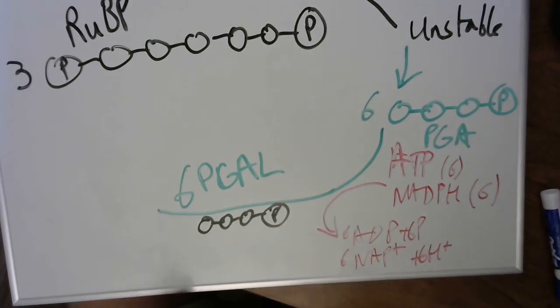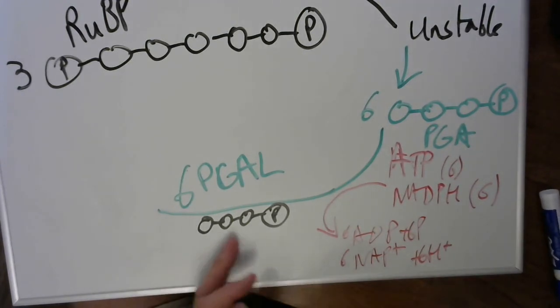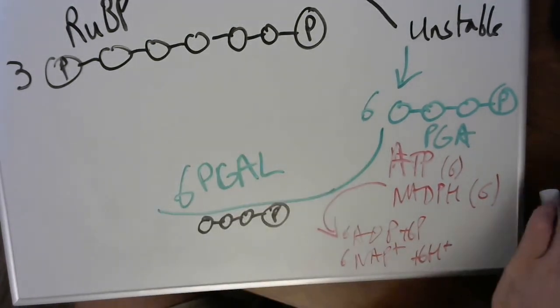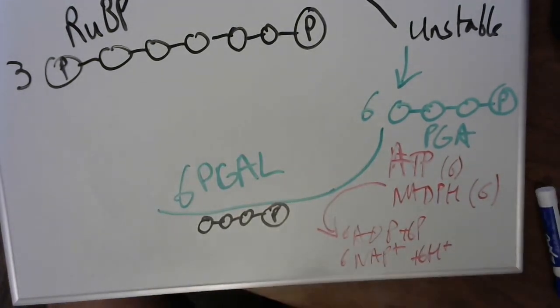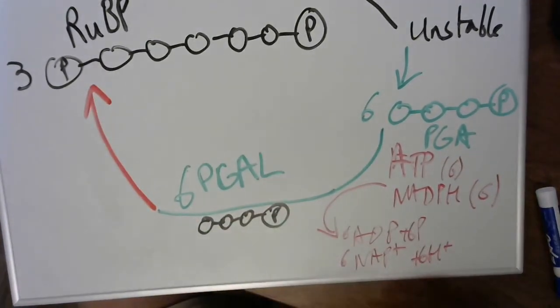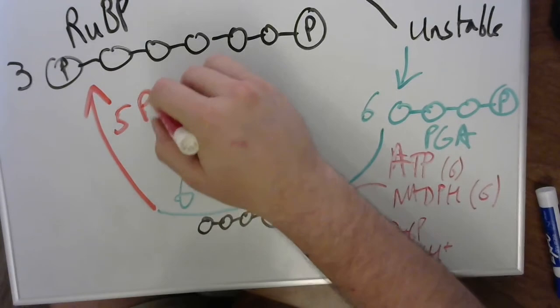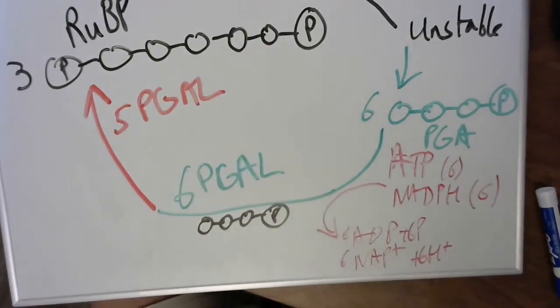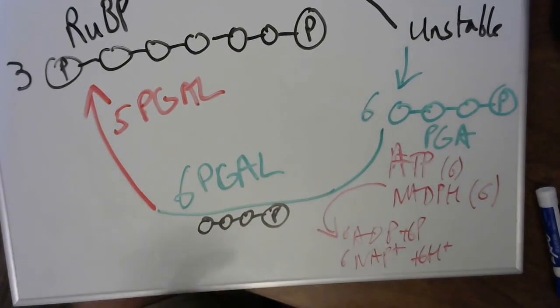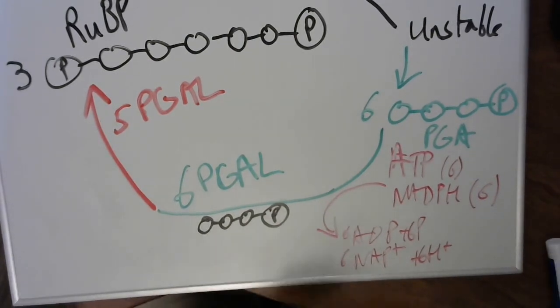With the PGAL, you count the carbons: 3 times 6, 18, and you have 3 times 5, 15. So the regeneration of that RuBP only requires 5 PGAL. You only need 5. And you need some energy that's coming from respiration.